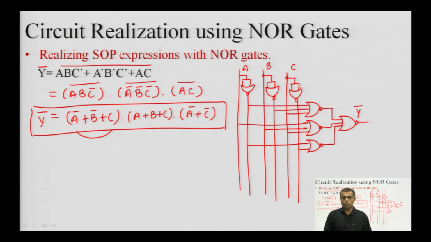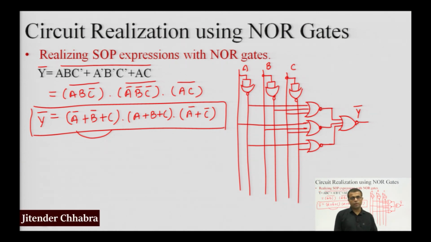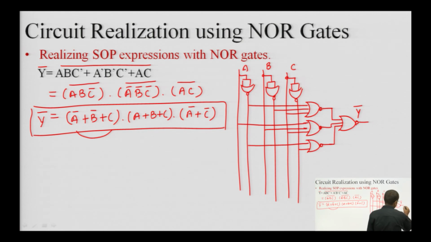But I need to prepare the circuit for y. That means, an extra NOT gate will be required, and it will be placed at the output of this expression to generate the complement of this gate. So, I am using another NOT gate, NOR based NOT gate. So, this will provide me the expression for y.